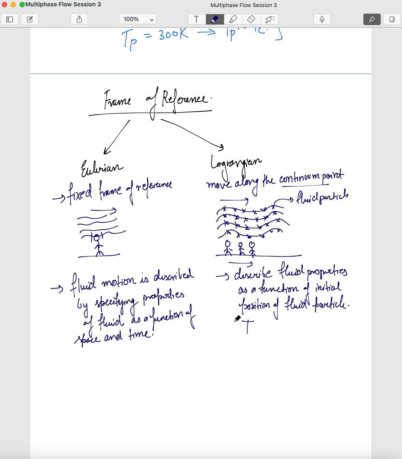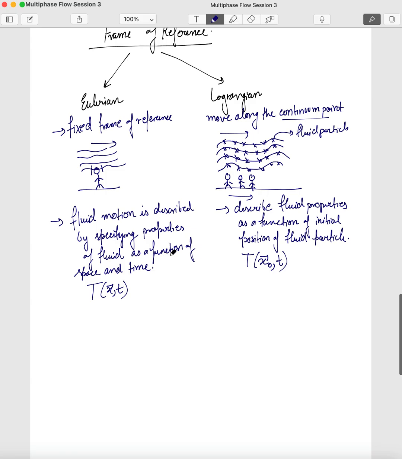So in this case if you want to find the temperature, then it depends upon x naught and time. But in the Eulerian case, if you want to find the temperature, you will fix a particular position and find it there. Okay, so that is the main difference. So let's say at a particular point the velocity of the fluid particle is v, and that point is x.